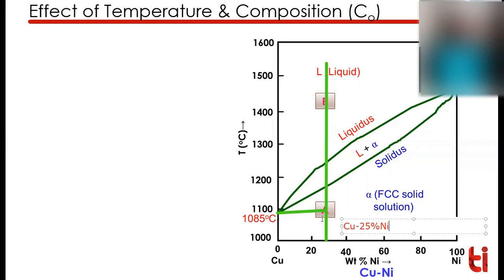For this alloy at 1085, your material is solid. At point B, for this alloy composition, at roughly 1420 degrees Celsius, your material is liquid. At 1200 degrees Celsius, your material is in the two-phase region, liquid plus solid. So I can say with a change in temperature, I may end up with a different phase.